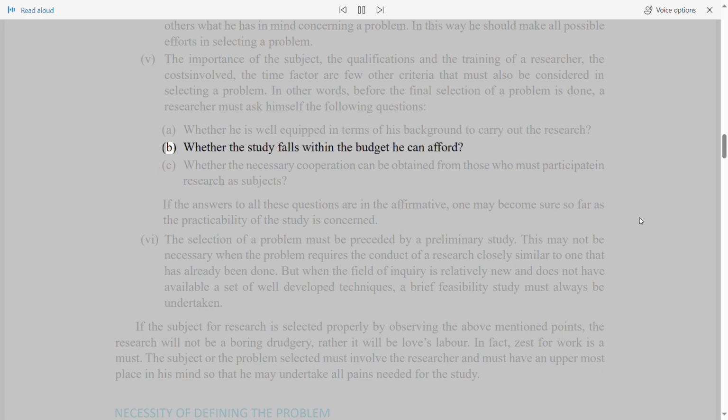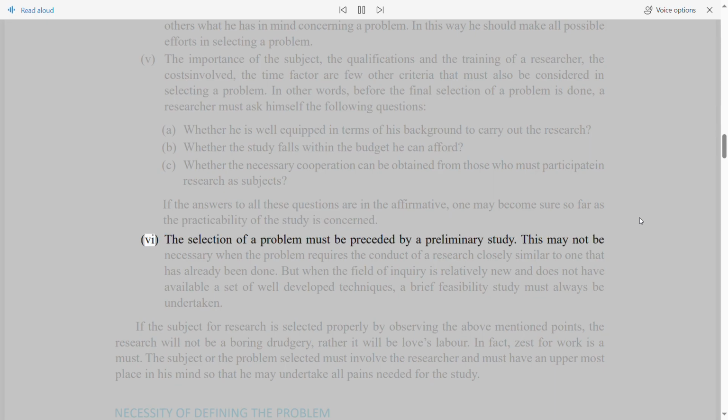B. Whether the study falls within the budget he can afford. C. Whether the necessary cooperation can be obtained from those who must participate in research as subjects. If the answers to all these questions are in the affirmative, one may become sure so far as the practicability of the study is concerned.